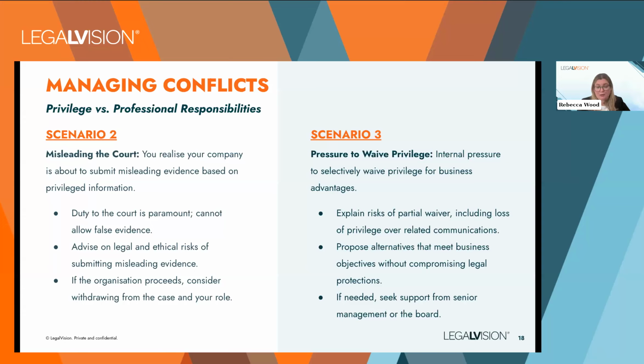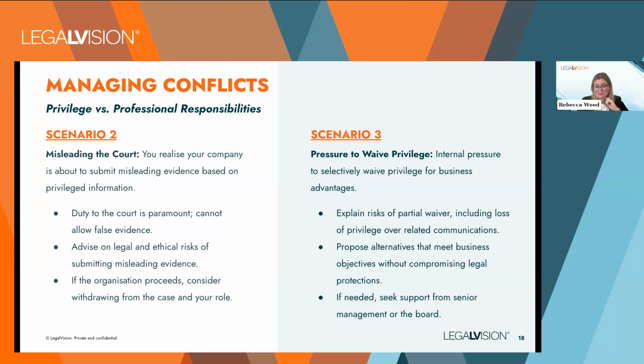Another scenario might be pressure to waive privilege. So, for example, you might face some pressure from within the organisation to waive privilege for particular business advantages, maybe negotiations, etc. In that situation, you need to take a step back and make sure that your lawyer hat is on and clearly explain the risks of a partial waiver, including potential loss of privilege over related communications.